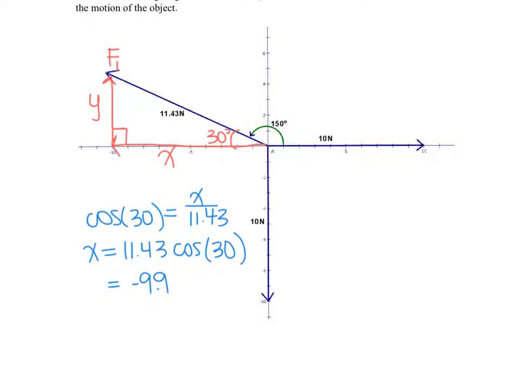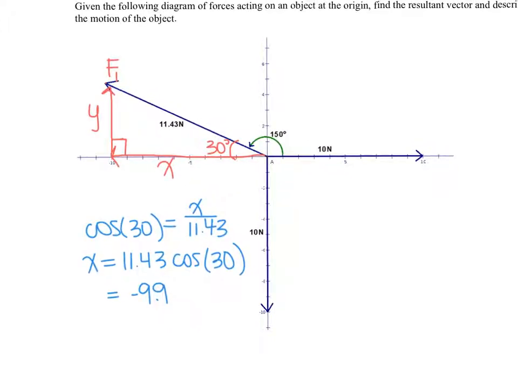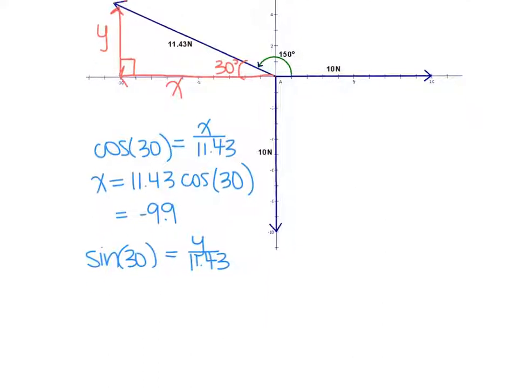All right. Now we're going to do the same thing for our y value, but in order to solve for that, we have to use sine, because sine is opposite over hypotenuse. So sine of 30 equals y over 11.43. Multiplying both sides by 11.43, we get y has to equal 11.43 times the sine of 30.